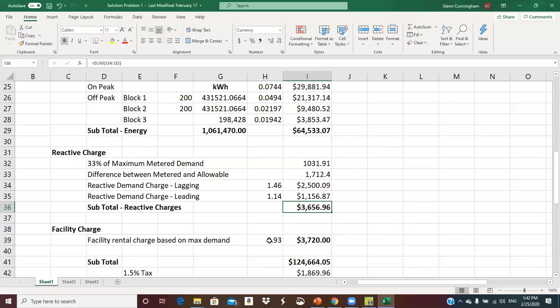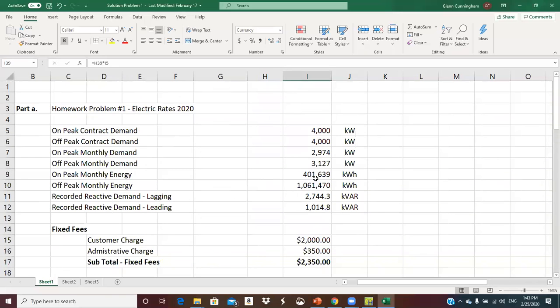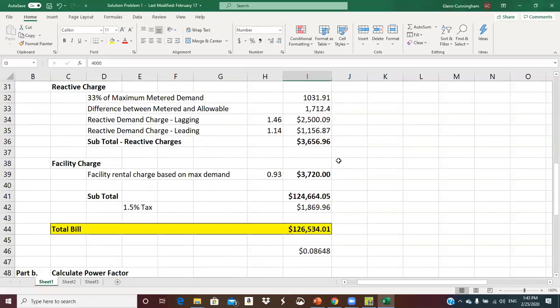Cool. But this is based on the contract demand. So that's the rate. It's 93 cents, but it's 93 cents times I5, and I5 is right here. So it's 0.93 times 4,000.